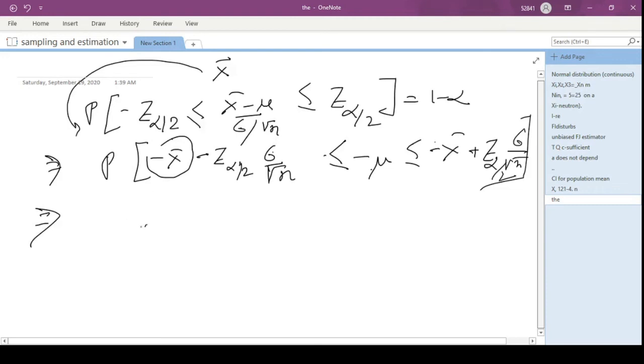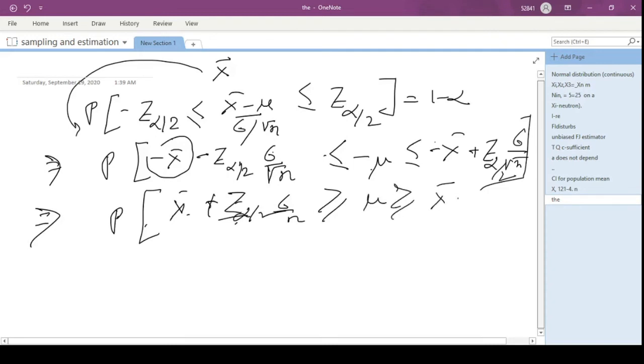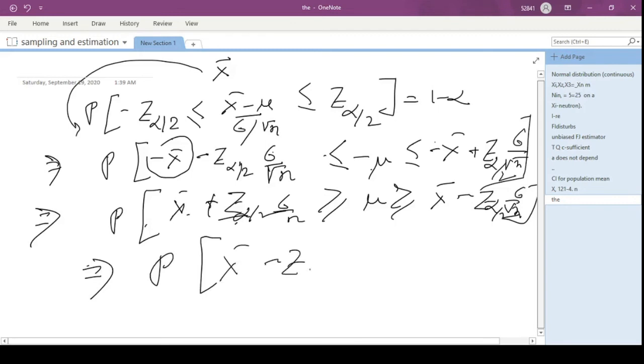So the inequality will now be x bar plus z alpha by 2 sigma by root n is greater than or equal to mu is greater than or equal to x bar minus z alpha by 2 sigma by root n, and then you transform it into a less than or equal to inequality. It's simple mathematics, it's not a big deal, you can do it yourself.